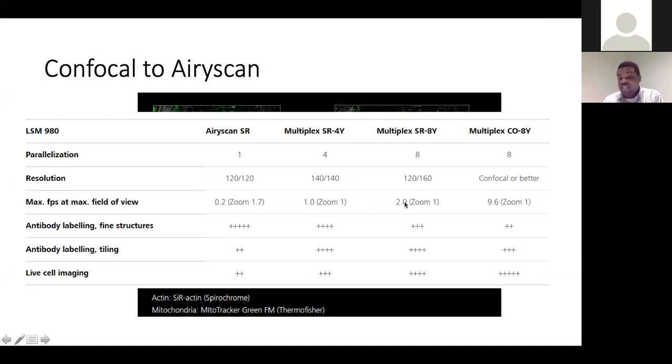You can increase the speed at which you are scanning by a factor of 2, and in some cases 10 times the speed that you have. In general, for live cell imaging, the Airyscan is better because you can scan faster and capture your images in a more rapid manner.